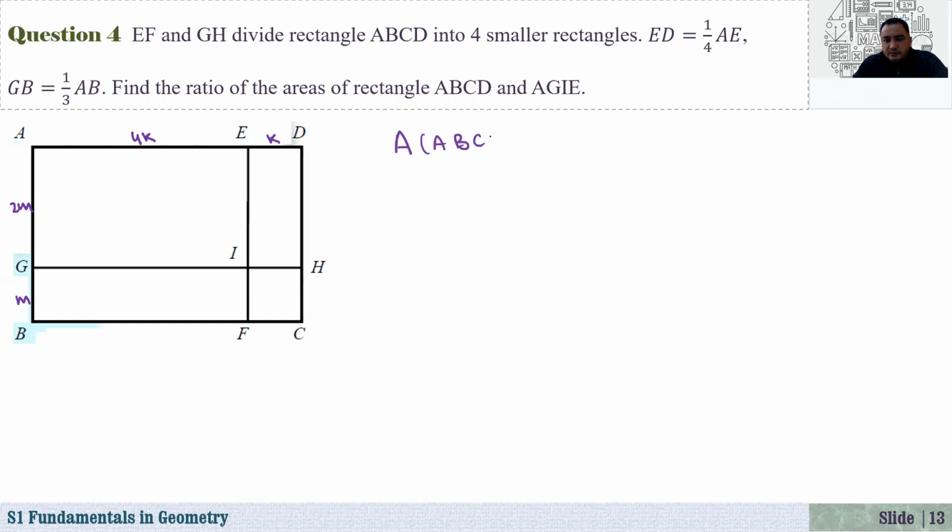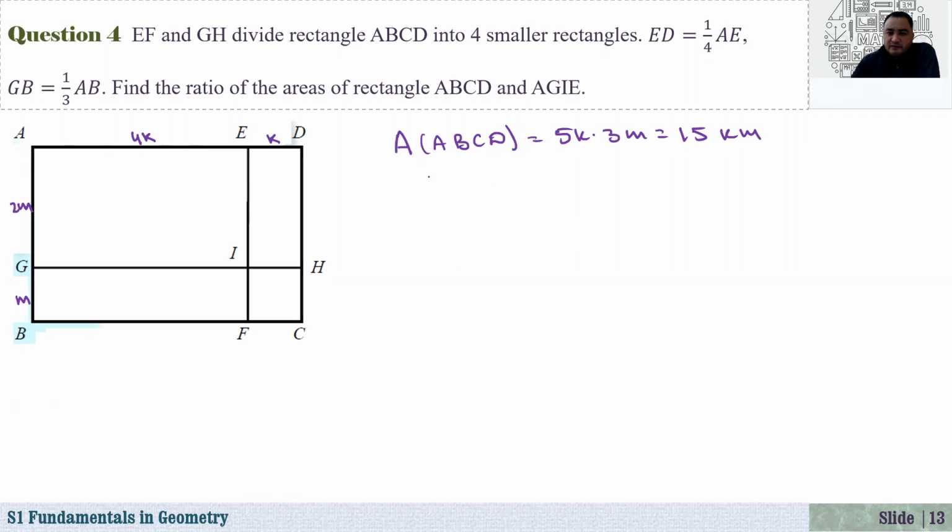Area of ABCD is equal to length times width. The length is equal to 5K, and the width is equal to 3M. So that's equal to 15KM.